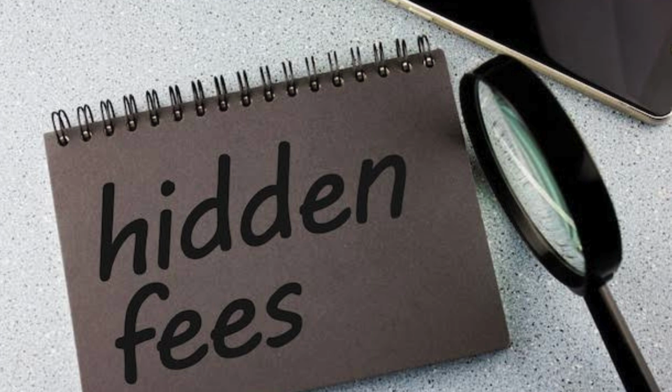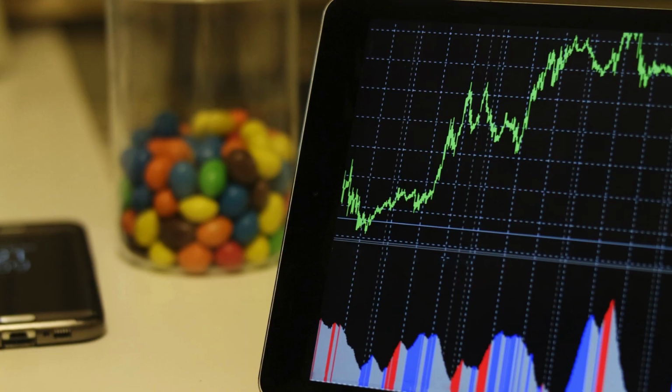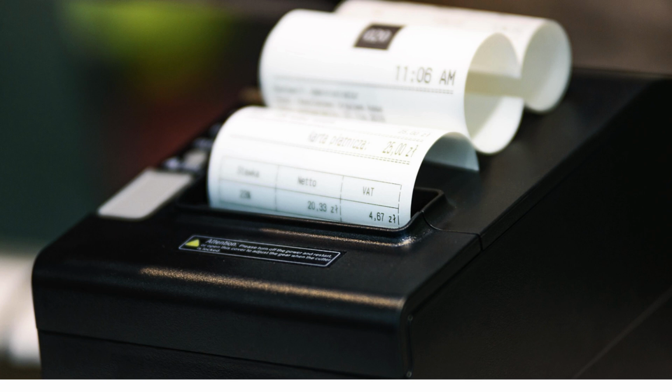Hidden fees often take on subtle disguises. A flat fee here, a processing cost there, or a vague deduction that leaves you scratching your head. It is the digital equivalent of receiving a receipt that doesn't add up, but the culprit is not an error. It is intentional obfuscation. And the frustrating part is, you don't notice until the charges pile up.